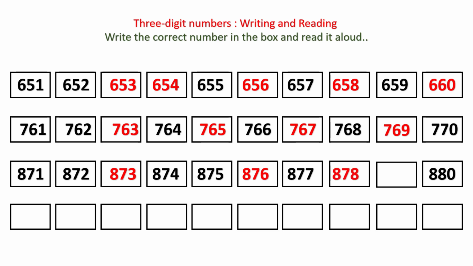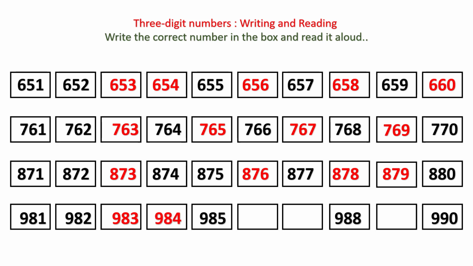After 878 comes 879. 981, 982, 985, 988 and 990. After 982 comes 983. After 983 comes 984. After 985 comes 986. After 986 comes 987. After 988 comes 989.